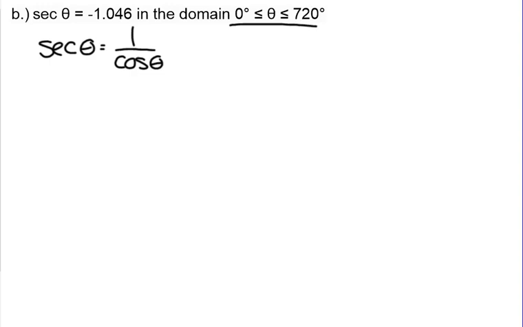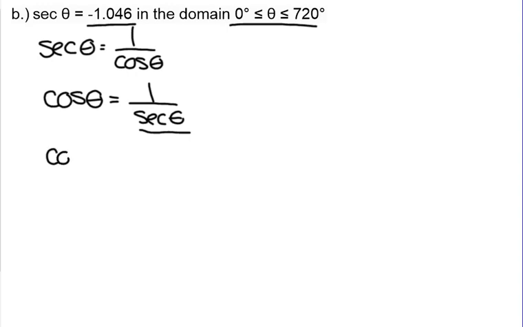So if we want to switch those around, they're also the reciprocal of each other. So our cosine of theta is also equal to 1 over the secant of theta. Our secant of theta was equal to negative 1.046. So cos of theta is equal to 1 divided by negative 1.046.